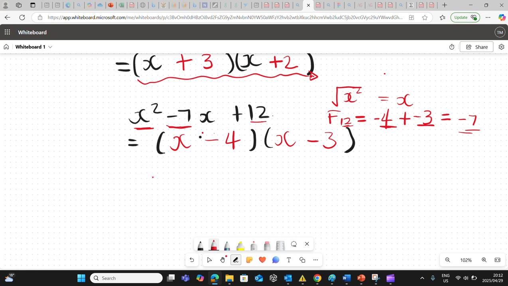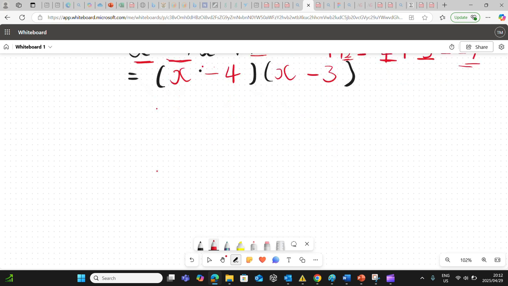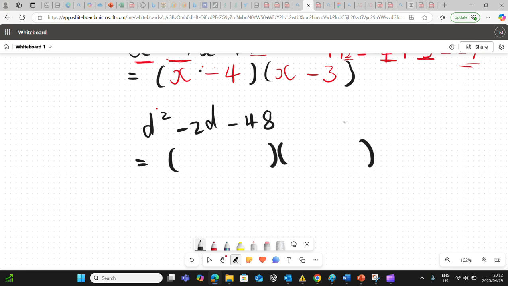All right, now let's look at another example. We're still on easy trinomials. Let's look at d squared minus 2d minus 48. This is still a trinomial, so we still open our two brackets.